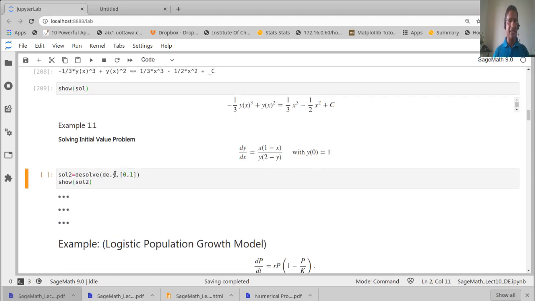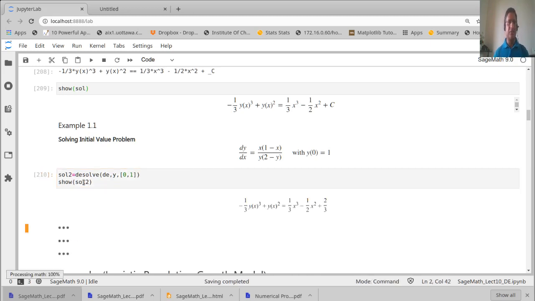So again I'm calling this solution 2. DE_solve, and then the differential equation with respect to the dependent variable y, and the initial condition one has to give as a list. In this case there are two things, 0 and 1. 0 is x at 0, and 1 is y at 0. Okay, so this is actually x0, y0. Now let us see what is the solution.